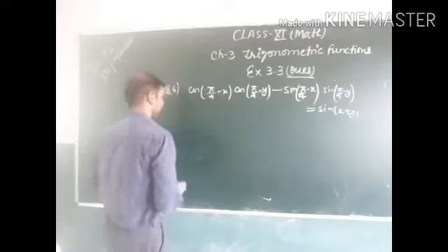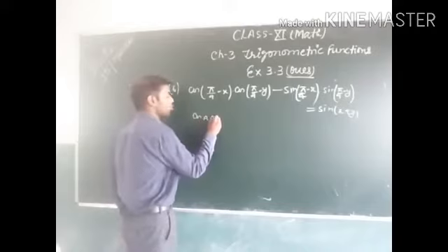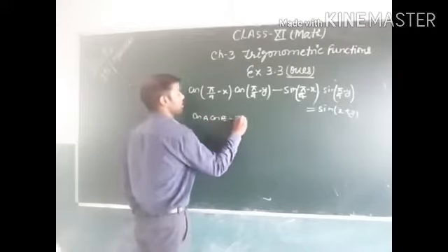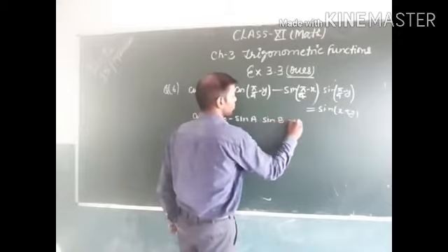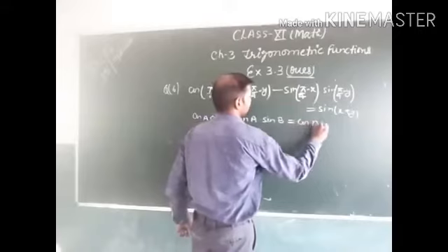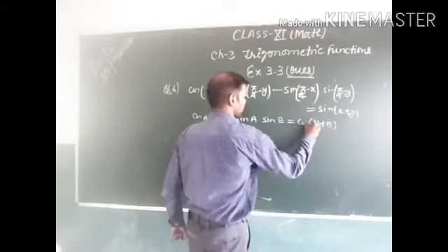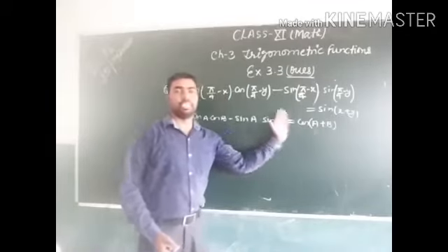In the previous lecture, we discussed cos A into cos B minus sin A into sin B. What is this? This is cos (A plus B). So we use this trigonometric identity in this question.